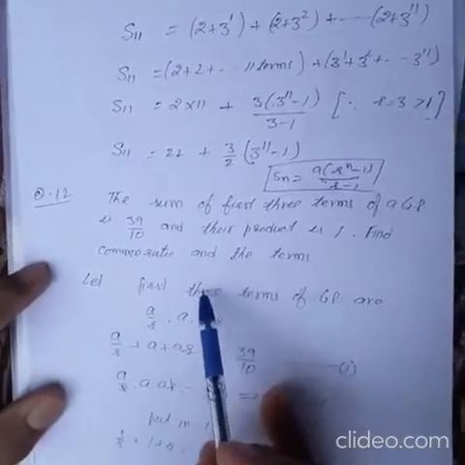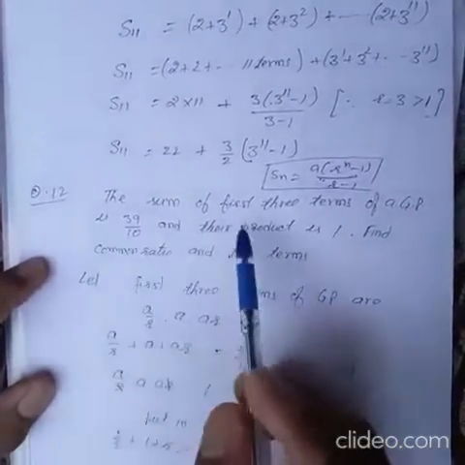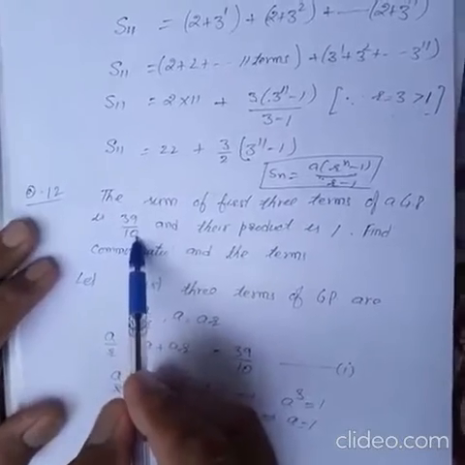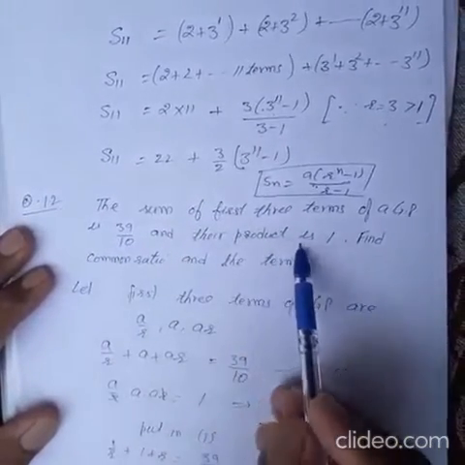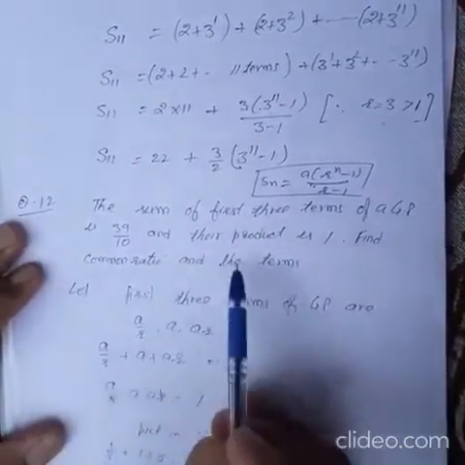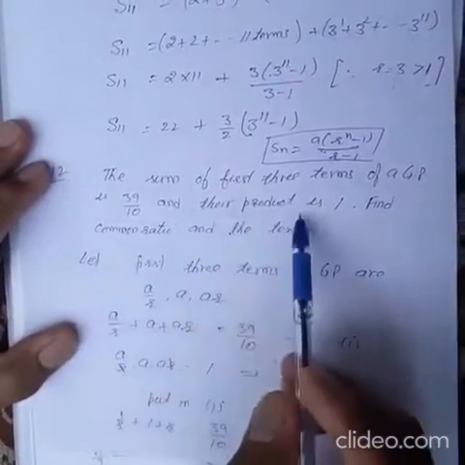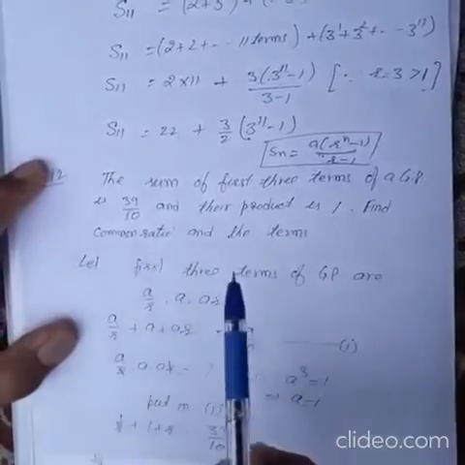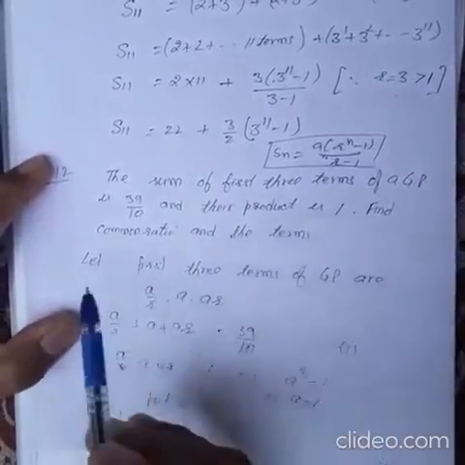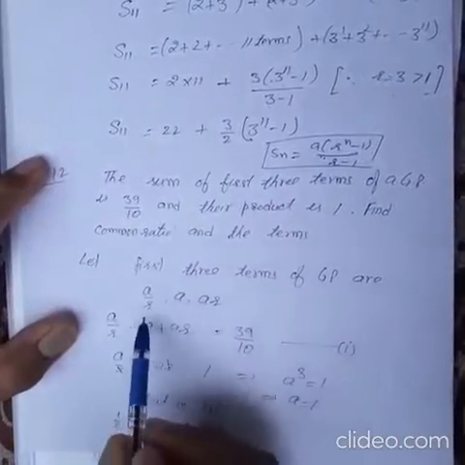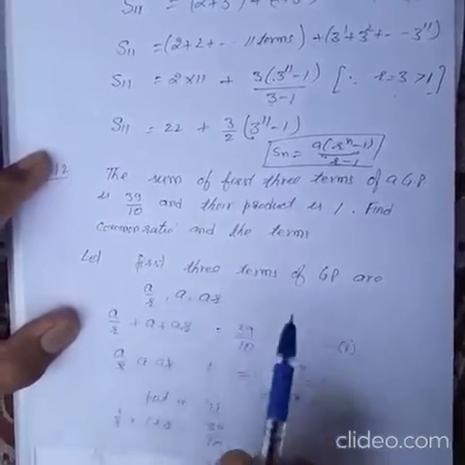Now question number 12. The sum of first 3 terms of a GP is 39 upon 10 and their product is 1. Find the common ratio and the terms. Now because we are given the product, we have to assume the 3 terms in a different way such that the R can be cancelled.